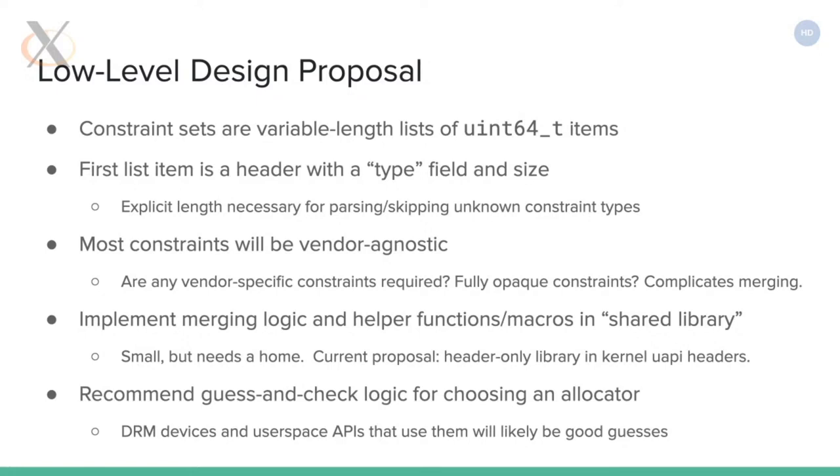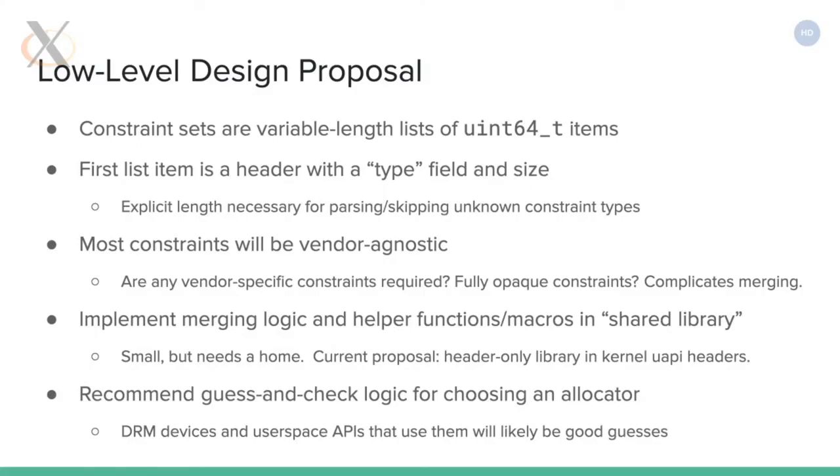Something that would further complicate the design would be to have fully opaque constraints. Yeah, we'll see. But the current proposal is to only have generic constraints.